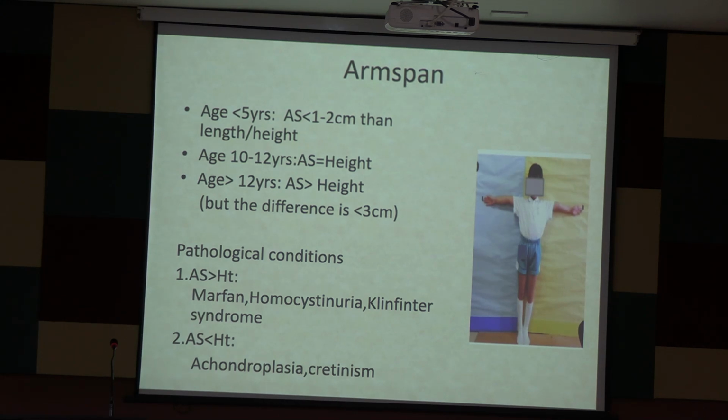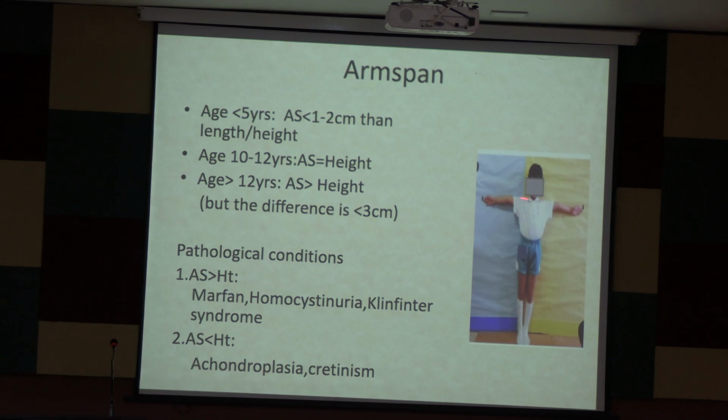Another important parameter for body proportion is arm span. How is it calculated? The child is asked to spread his arms parallel to the ground, and the measurement is taken between the tips of the two middle fingers, just like in this picture.